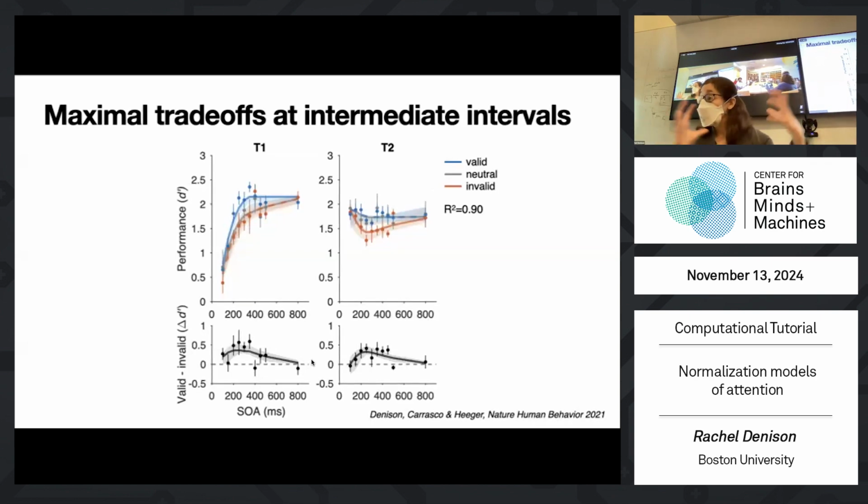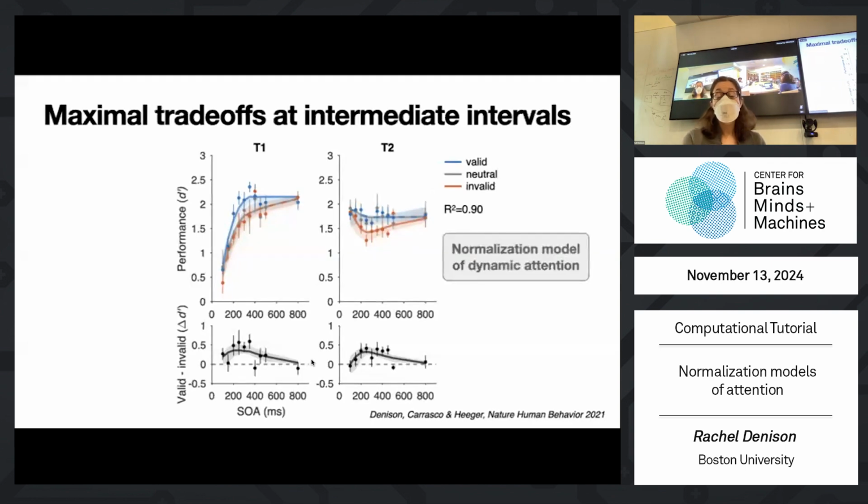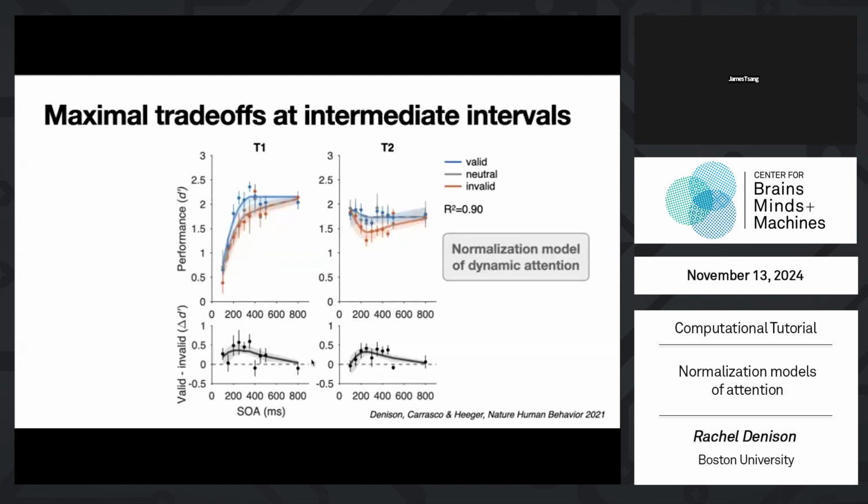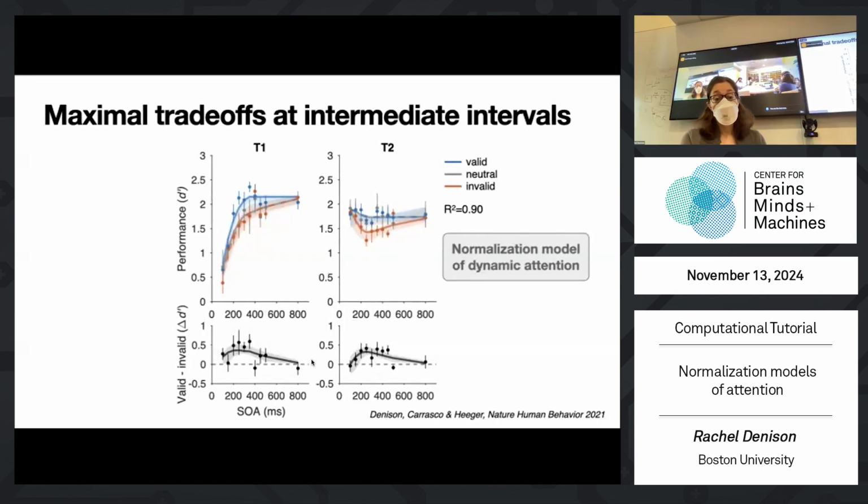So there's some constraint in our ability to attend across time that lasts on the order of a few hundred milliseconds. And we've been developing this normalization model of dynamic attention, as I said, to explain these types of temporal data. And actually the fits to those data points are from the model output.